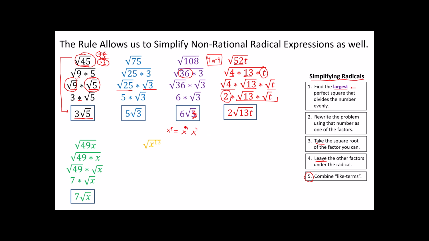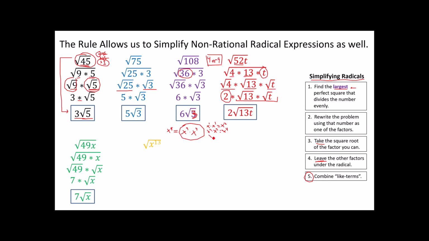You see, when we're dealing with exponents, we have to keep in mind that no matter what we multiply together, if I do x to the 1st and x to the 1st, I'm going to get x to the 2nd. If I do x to the 2nd times x to the 2nd, I'm going to get x to the 4th.